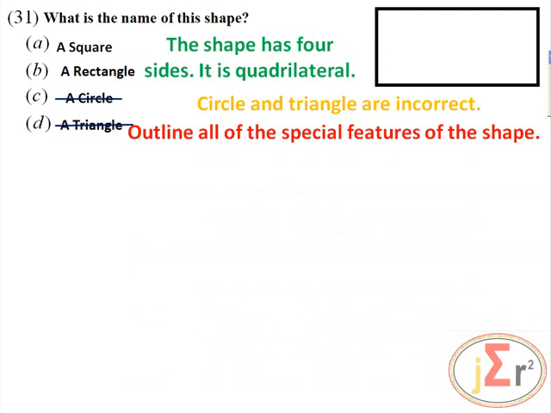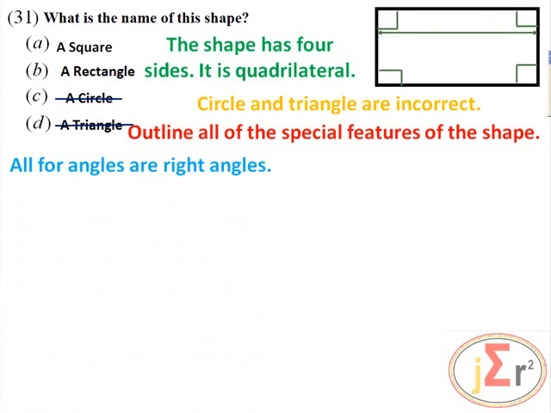Outline all of the special features of the shape. So the shape that we have there, we will outline all of the special features of that shape. All of the angles are right angles. Not some, all are right angles. So notice that we have this line going like that.